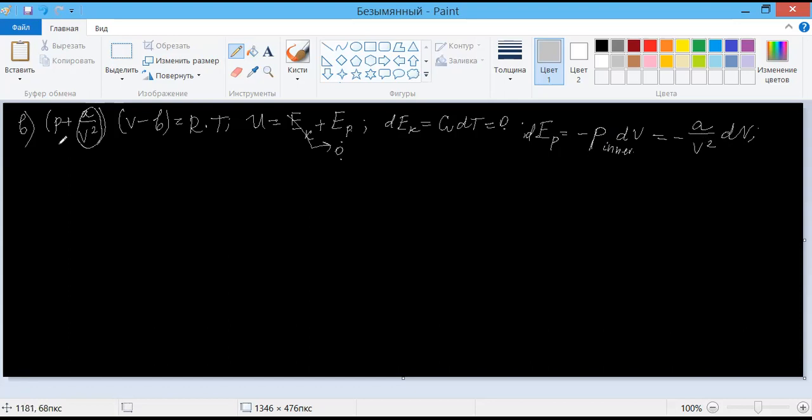And if we integrate it, we will get that the potential energy equals the integral from V to infinity of A over V squared dV.